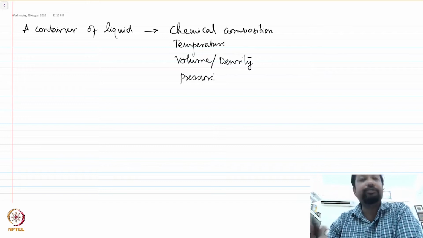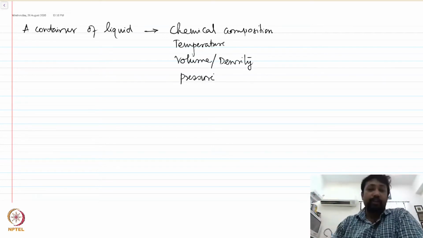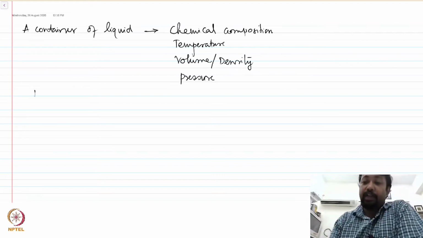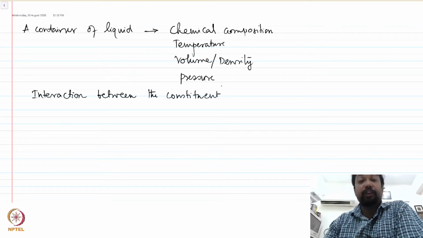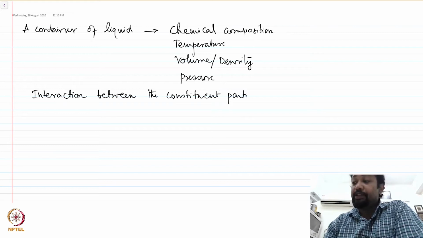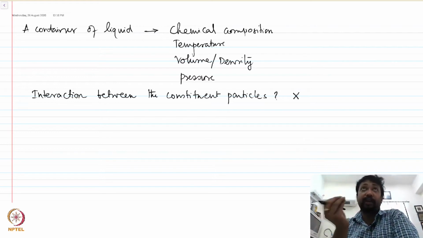All these are valid questions that you can ask. But you see, nowhere do you ask what is the interaction between the constituent particles of the liquid. So in some sense, this is never asked in thermodynamics. You never ask about the microscopic interaction between the particles.